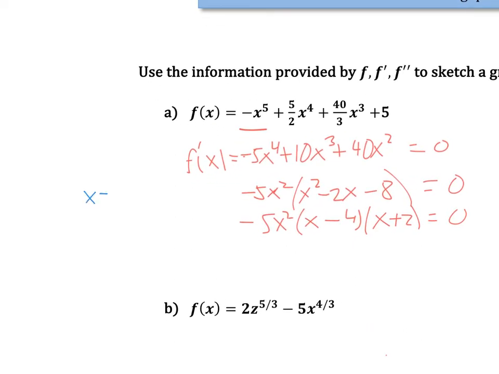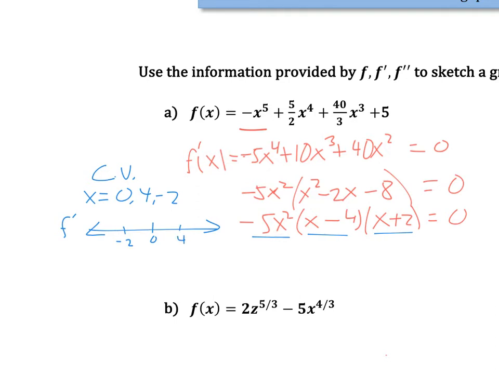So x equals 0 for the first one, and then 4, and then negative 2, okay? So there are our critical values. We'll call them our CVs there. We can make a number line here for f prime and put our points there. We've got 0, negative 2, and 4.